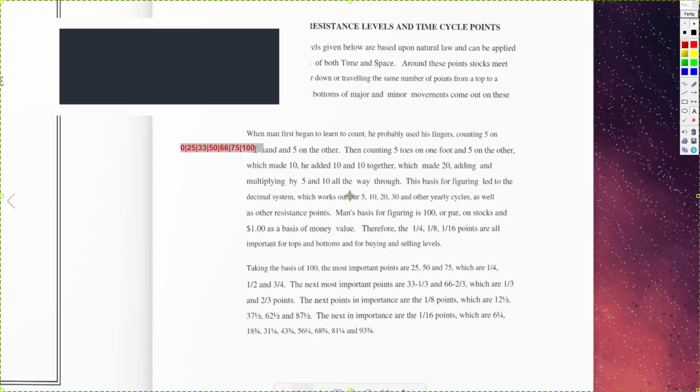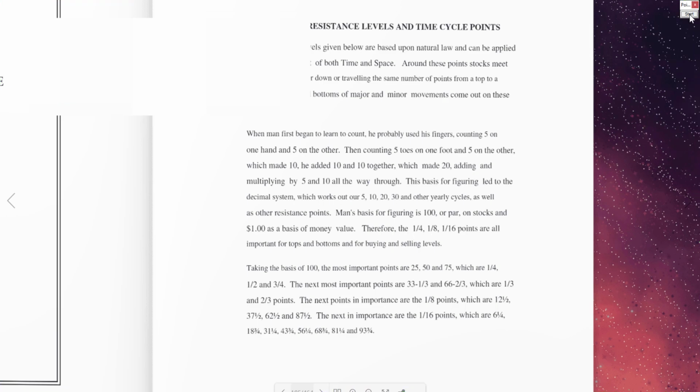Okay, so this is what we got, right? Because we are going to test out this theory, and let's see if it works like a W.D. Gann cycle. Okay, so let's meet you in the chart.